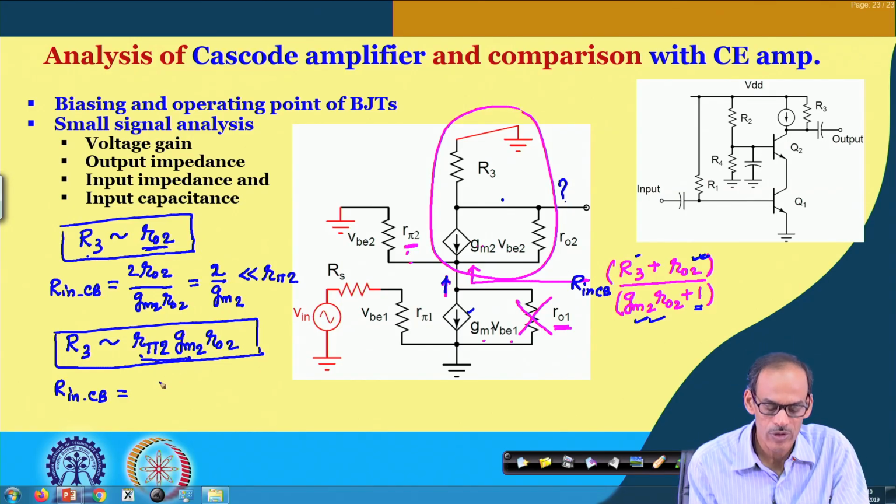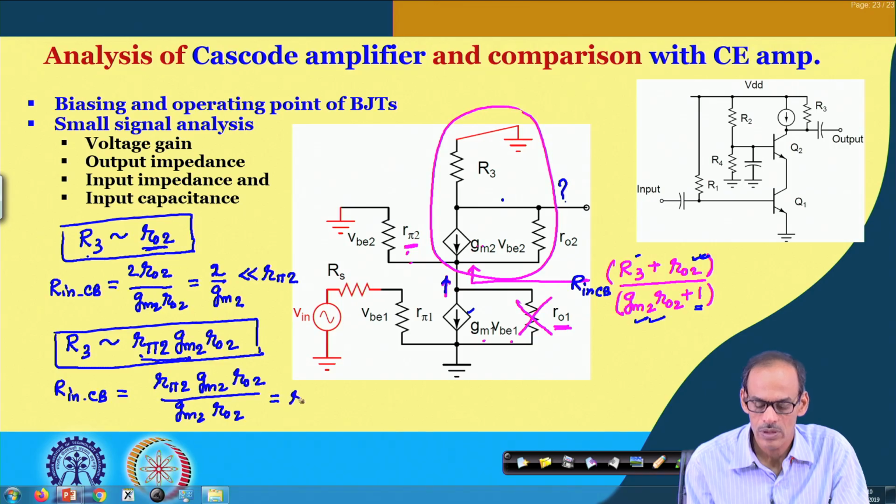So, obviously, that will be dominating. So, we can say that this is R pi 2 G m2 R O2 divided by G m2 R O2, and that becomes R pi 2.